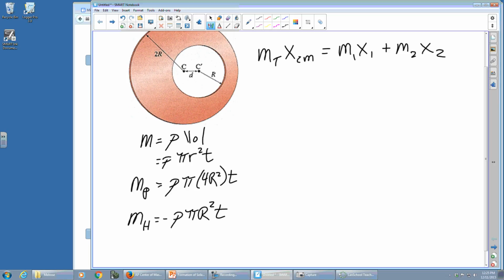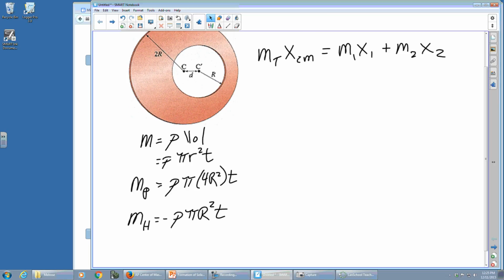I can use any point as my point of reference. I would recommend in this case using something on the x-axis. And in fact, I'm going to use the origin, where point C is, as my point of reference when doing this object. And then my x will be where the center mass is located.